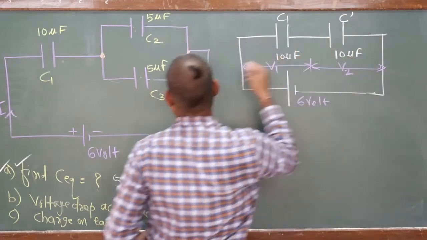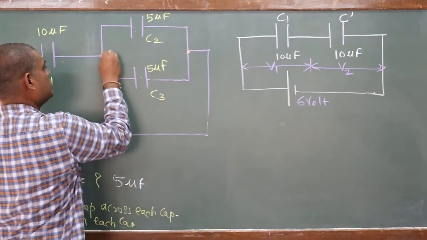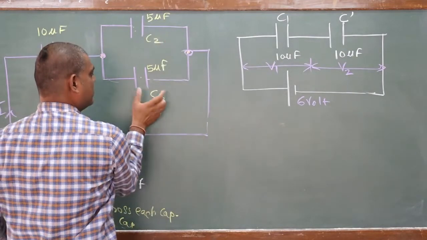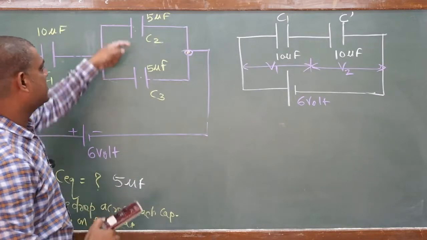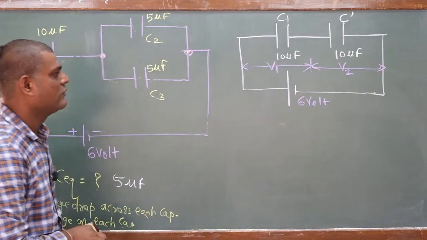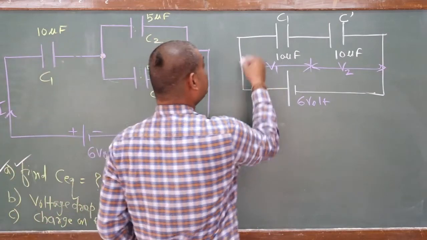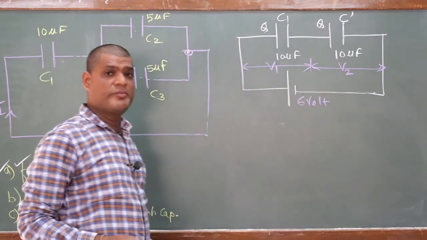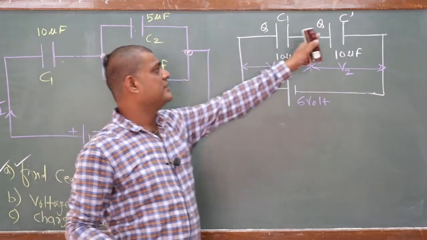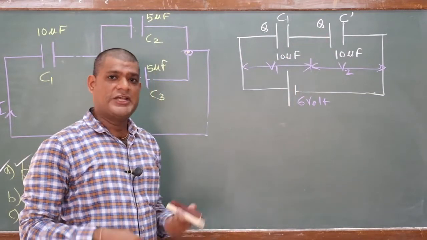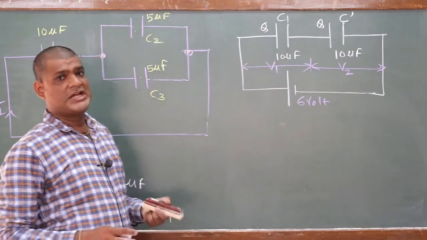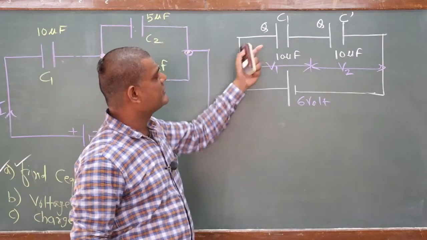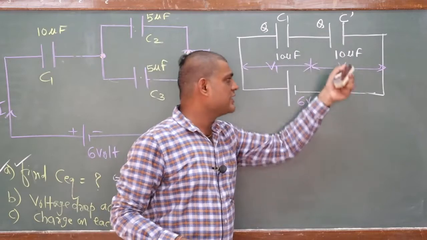C dash is made up of C2 and C3, which are in parallel, so the voltage drop across C2 and C3 will be the same. The charge on C1 will be Q and the charge on C dash will also be Q, because C1 and C dash are in series. In a series combination, charge does not divide, only voltage divides.